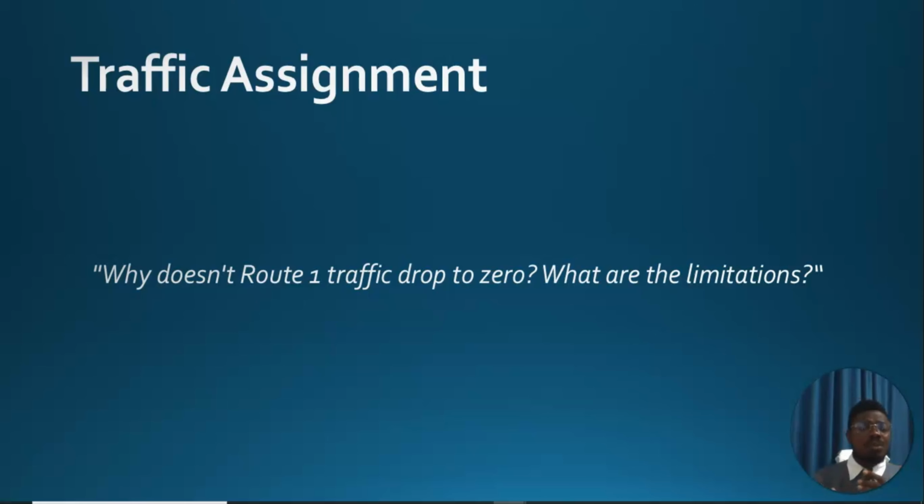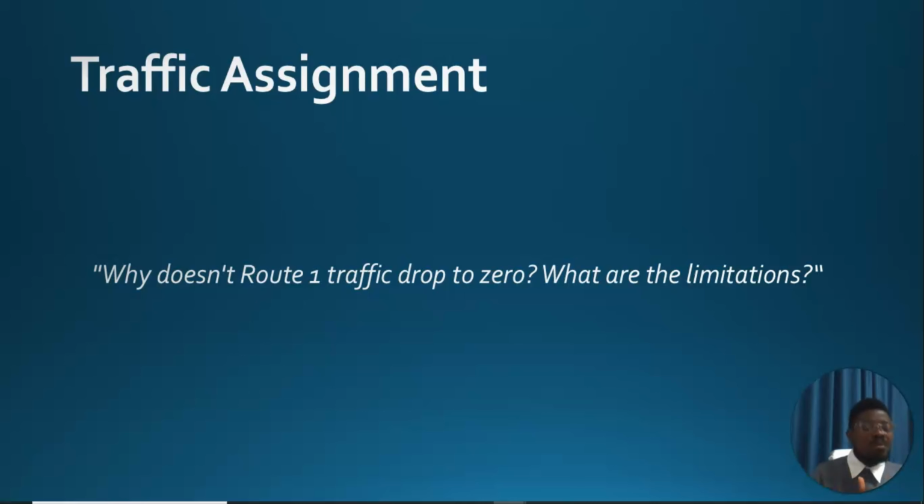And also, people believe that when there is a new road, some people really like the idea of new things. They want to try what it is all about. And some people also have it at the back of their mind that, due to the introduction of this new route, drivers or road users will tend to focus more on the new road, leaving the old road, which is Route 1, and using Route 3.